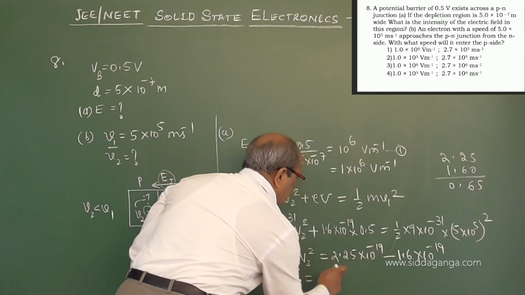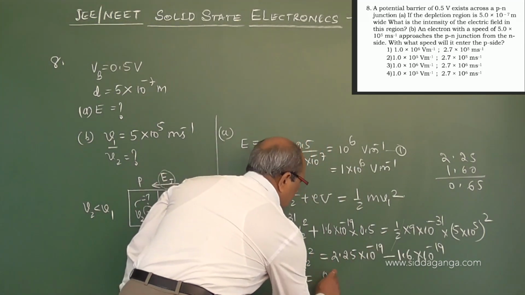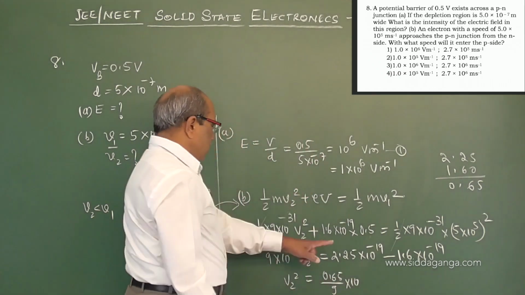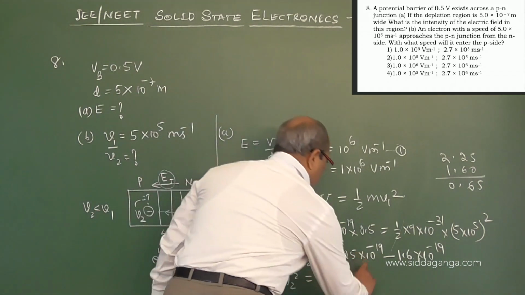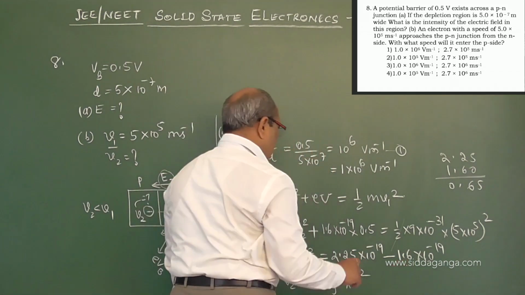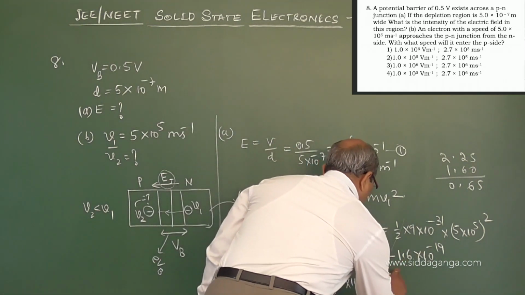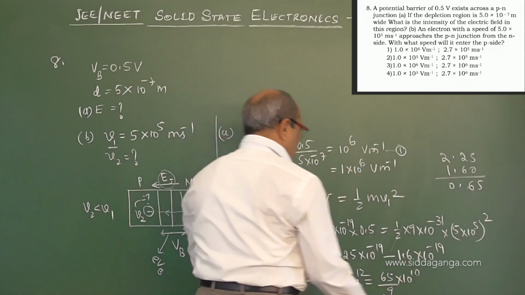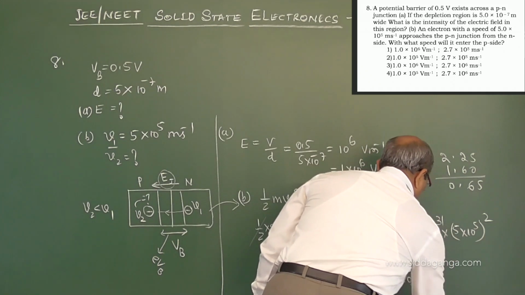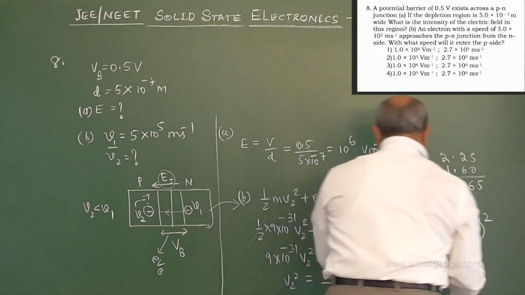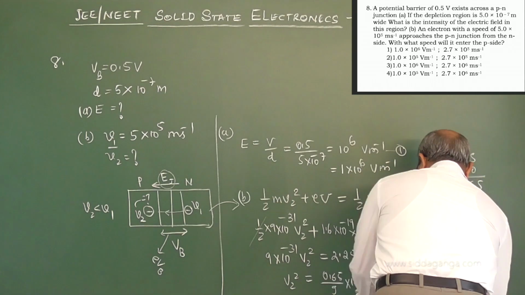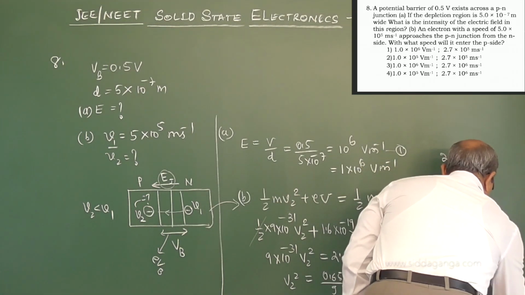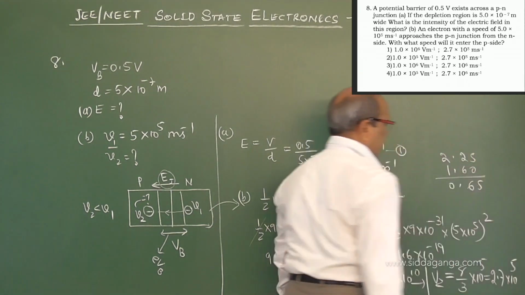That means I can write that as 0.65 divided by 9 into 10 power minus 19. If you deduct it, it becomes 10 power 12, or I can take it 65 into 10 power 10 divided by 9. If you want V2, it is the square root of this, approximately 8 by 3 into 10 power 5, which is 2.7 into 10 power 5.